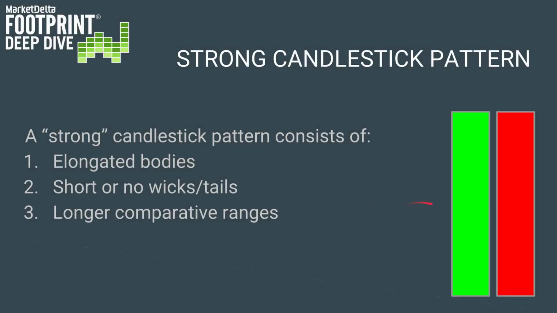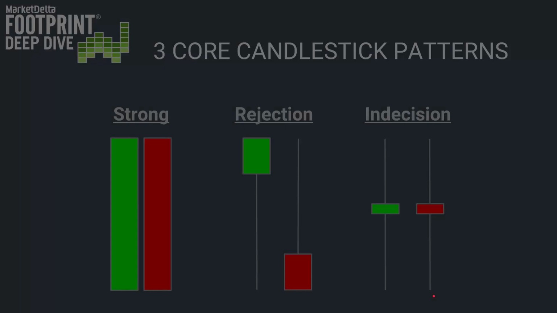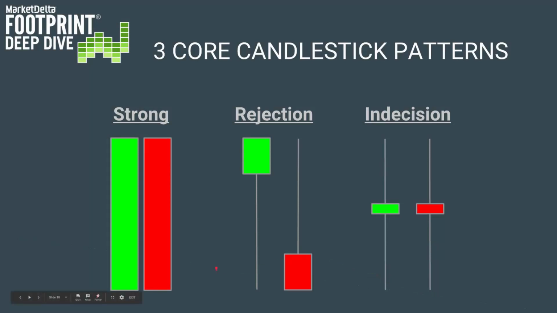I'm just showing you an up bar and a down bar. Actually, let's go back to the previous slide. Remember from when I compared the candlestick and the footprint in an earlier slide, this would be the open and this would be the close. So this one opened on its low and closed on its high. That would be a strong up bar. A strong down bar opened at its high and closed on its low.